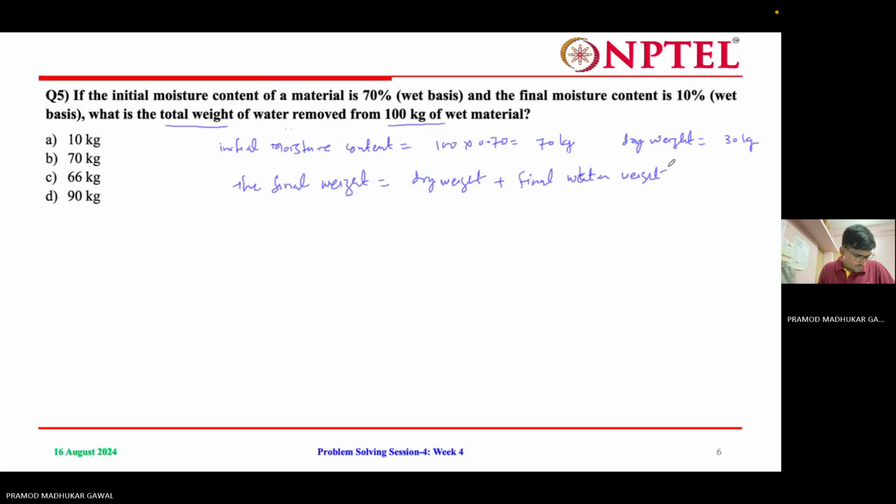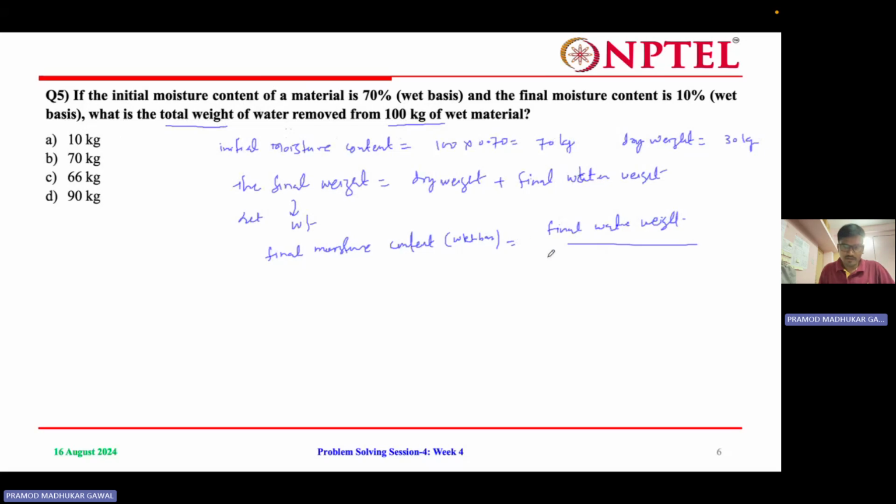Let the final weight be considered WF. Now the final moisture content given here is 10% on a weight basis, which is equal to the final water weight divided by the final weight of the material.